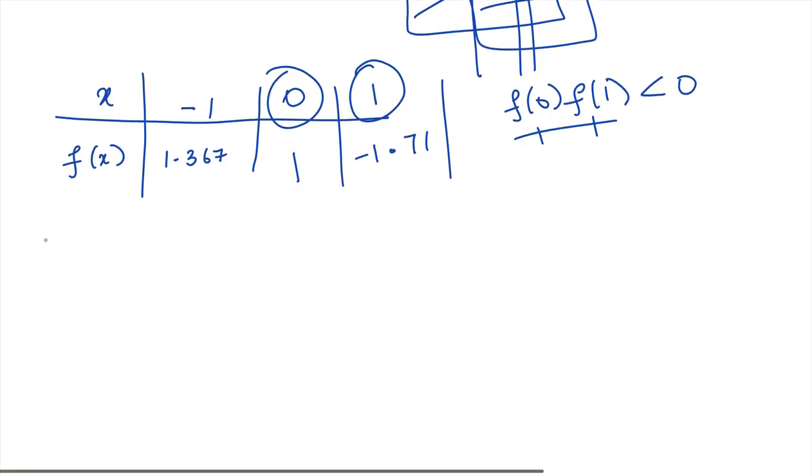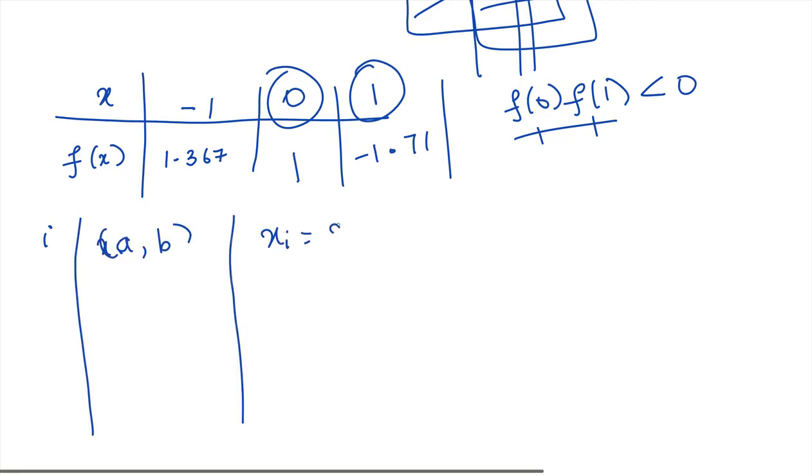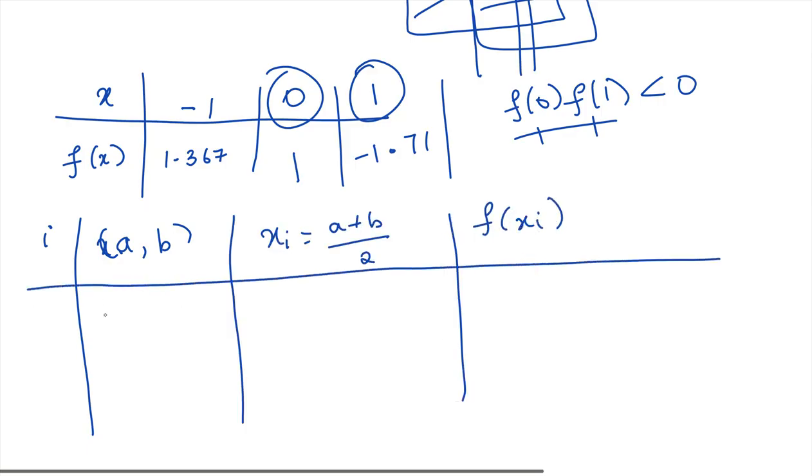So now let's draw the table. So we'll be having i here. We will be having interval a comma b, then xi, which is a plus b by 2, and then we'll be having f of xi. Now first step, we know that the interval is 0 and 1.